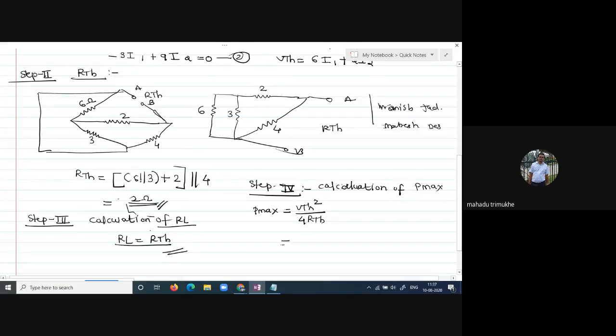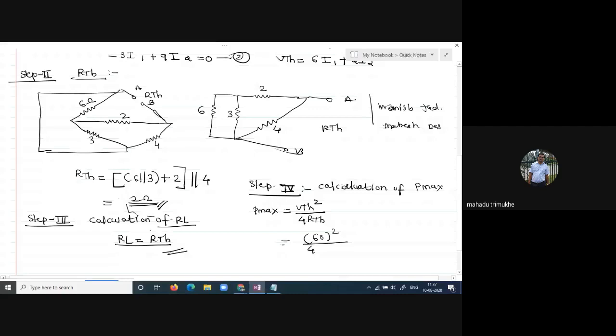Vth you have already calculated, that is 60, squared, divided by 4 Rth, where Rth is 2. So you will get 450 watt.